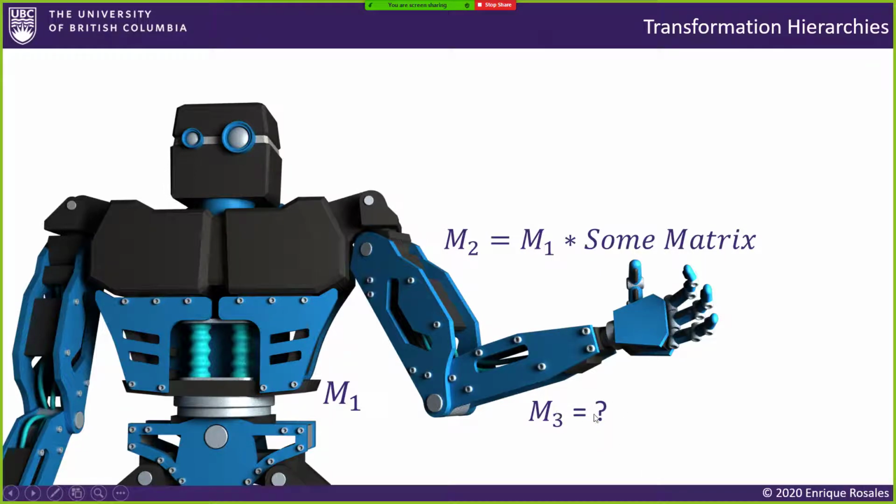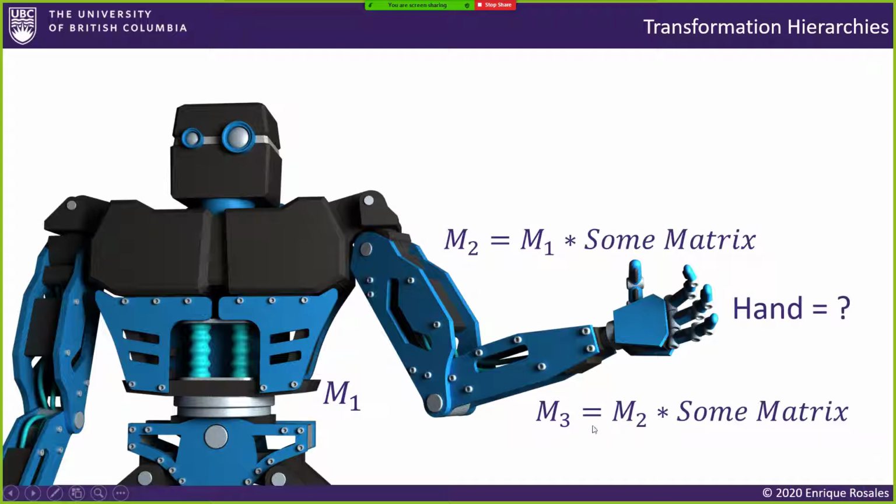So what happens with M3? What do you think it looks like? And Pavel is saying M2 times some matrix. Yes, exactly. When you're here, you don't care anymore about what is on the other chain, way behind your chain. Now your parent is M2.